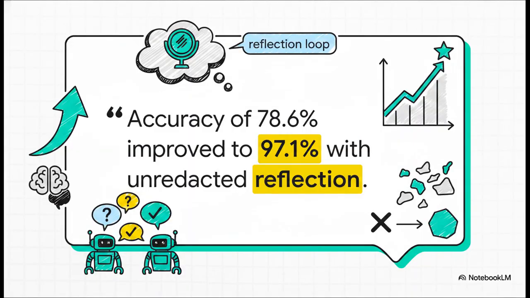I mean, jumping from a baseline accuracy of around 78% all the way up to 97%, that proves this reflection loop is an absolute game changer. And this isn't just theory. It's been validated across multiple major AI models in academic research. Simply by adding a post-step evaluation where agents debate and verify, the hallucination rate absolutely plummets.